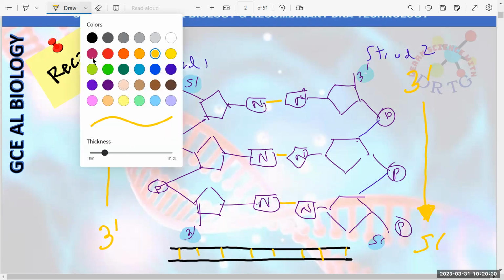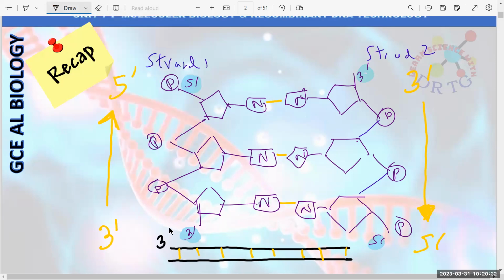One is running from 3 prime to 5 prime, the other is running 5 prime to 3 prime. So this gives some basic information about the DNA molecule.